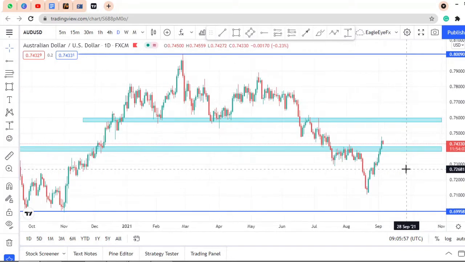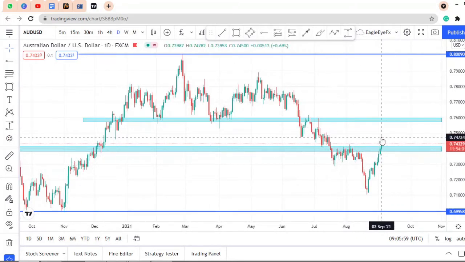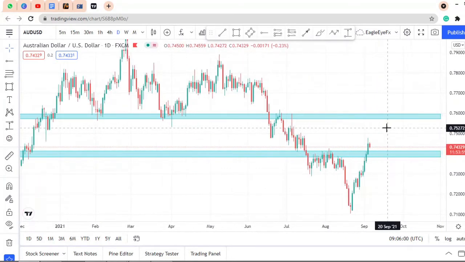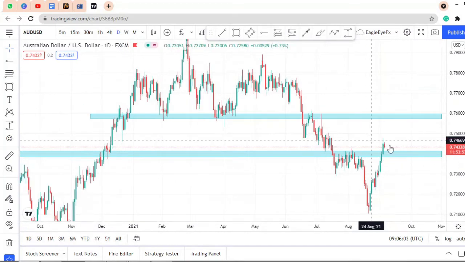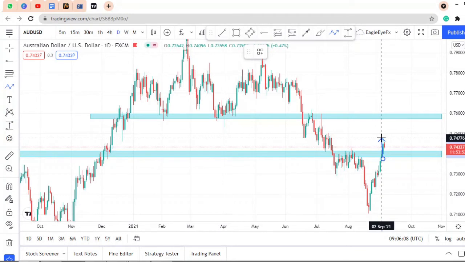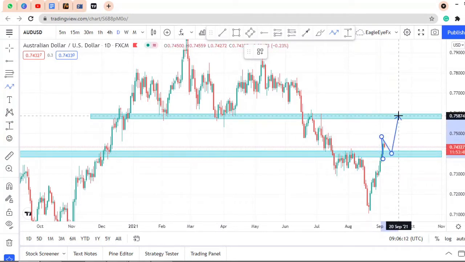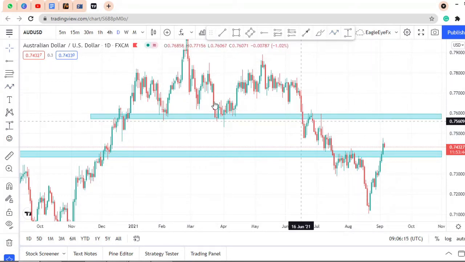Okay, so from this I can see a break. I see that AUDUSD has been able to break this zone, and it's almost like it's trying to find some support on this level before it can continue shooting up.